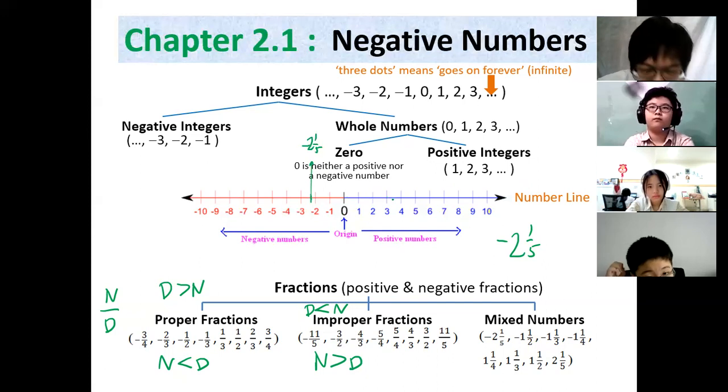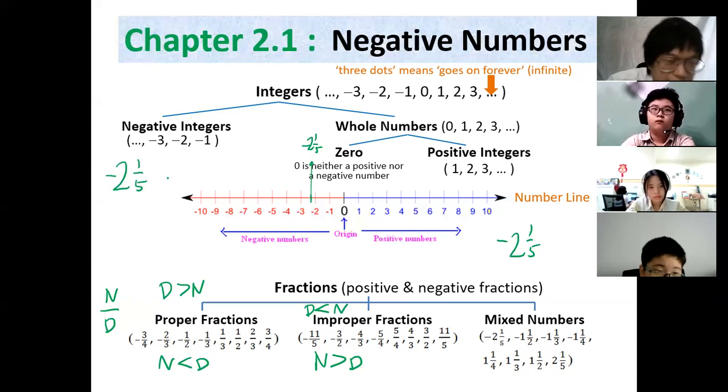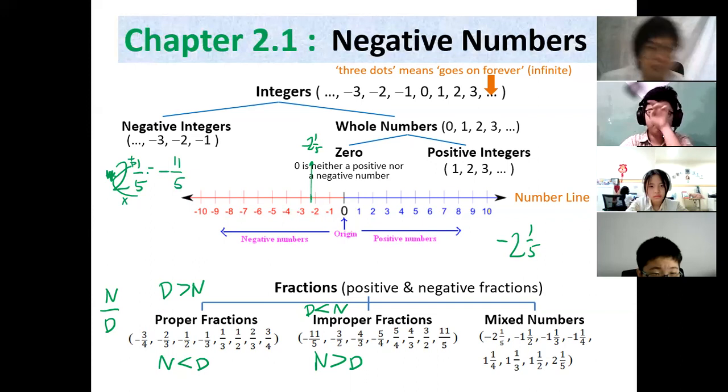If you want to change it into an improper fraction, first thing, set aside the negative. Move the negative first, don't look at it yet, cover it first. Remember, if there is a negative, keep it aside first. And you do the working: 5 times 2 plus 1. So 11 over 5. Again, since there was a negative, put the negative back.